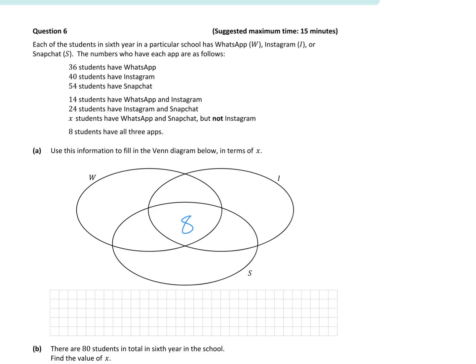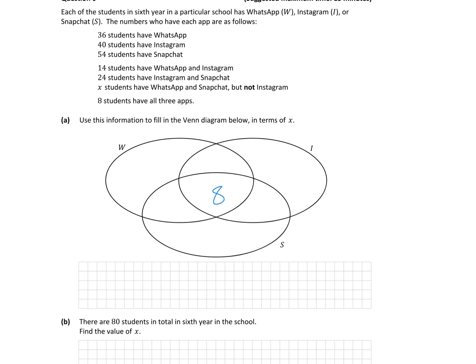Now I look for information about the other intersections. It says 24 students have Instagram and Snapchat. So Instagram and Snapchat is this section here. There should be 24 students there altogether. We already have 8 of them in, so we're going to fill in a further 16.